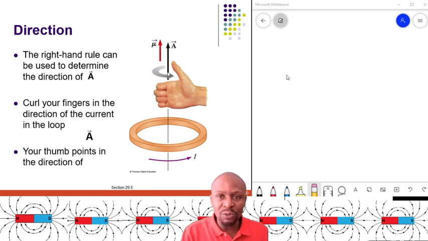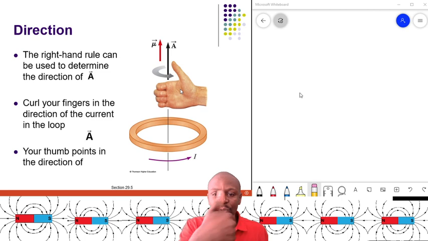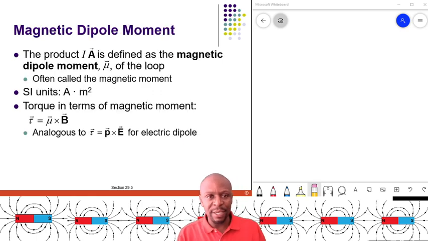The area is just going to be that vector pointing in that direction, and the current is just going to be flowing around that loop, while the magnetic moment is pointing up, in the same direction as that vector area A.